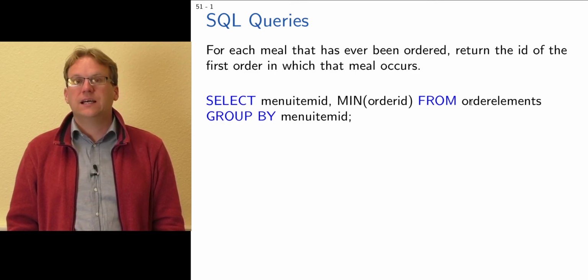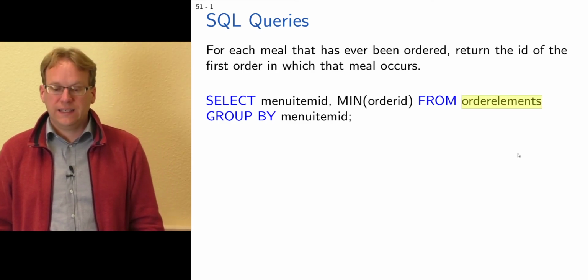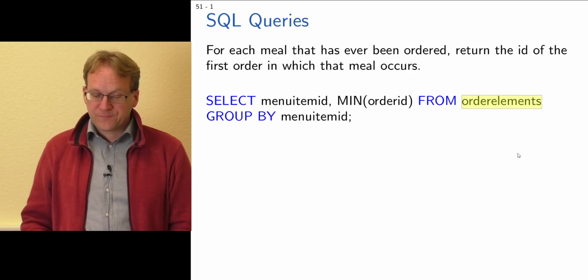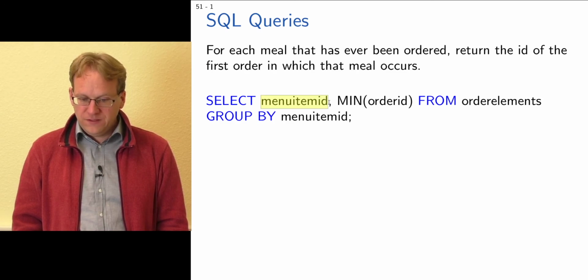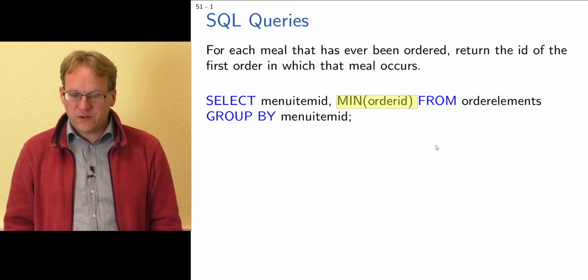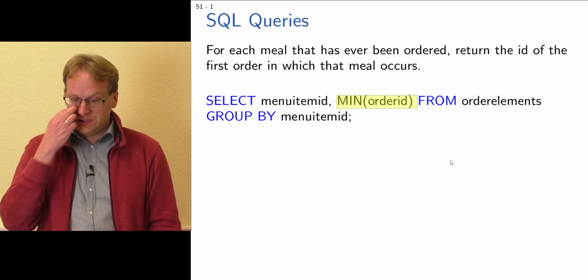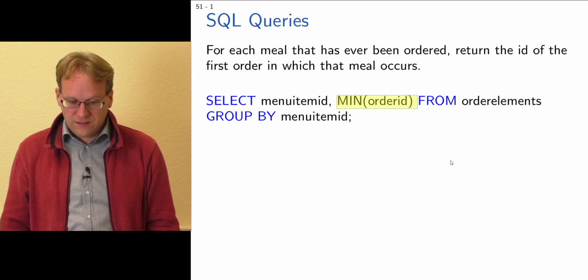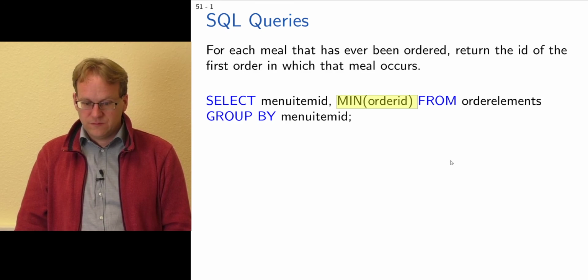First of all, again, I'm thinking of which tables do I need actually to solve that problem. I need this table order elements. I would like to select menu item ID and the minimum order ID, namely the smallest order ID in which this order element occurred.